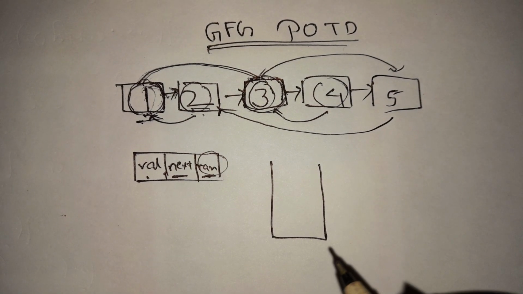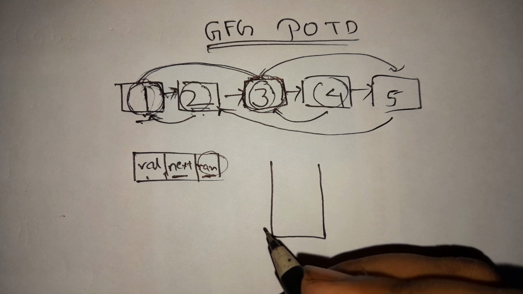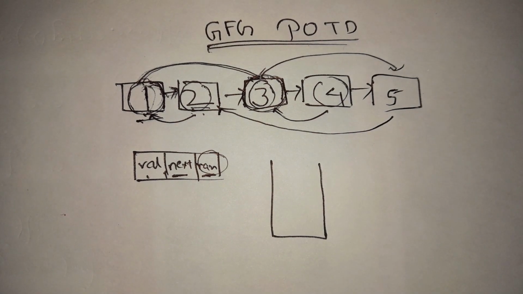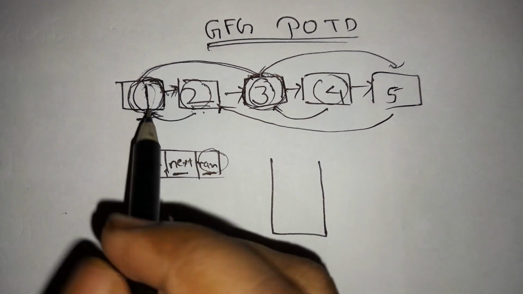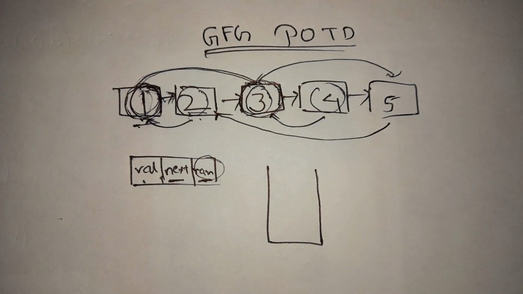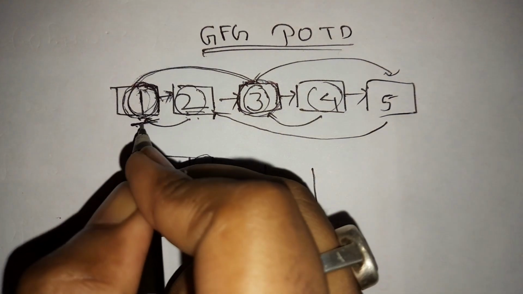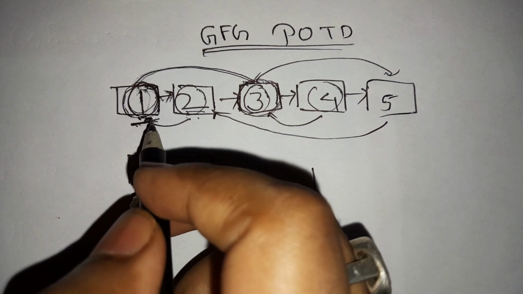My map construction will be mp of one node is equal to this node, which means in my own house I live. In my own node only my node will be there.